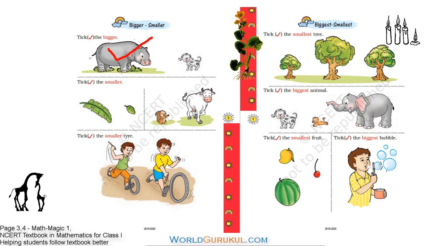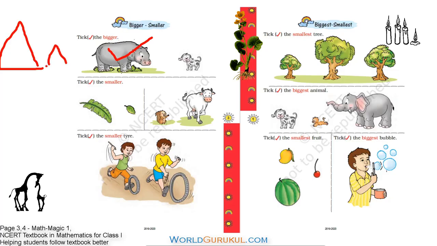But if you see a hippo only, then you will say it's big. If you see only a dog, you will say it is small. You are comparing with yourself, right? Suppose you see a hill. You immediately say that is big.